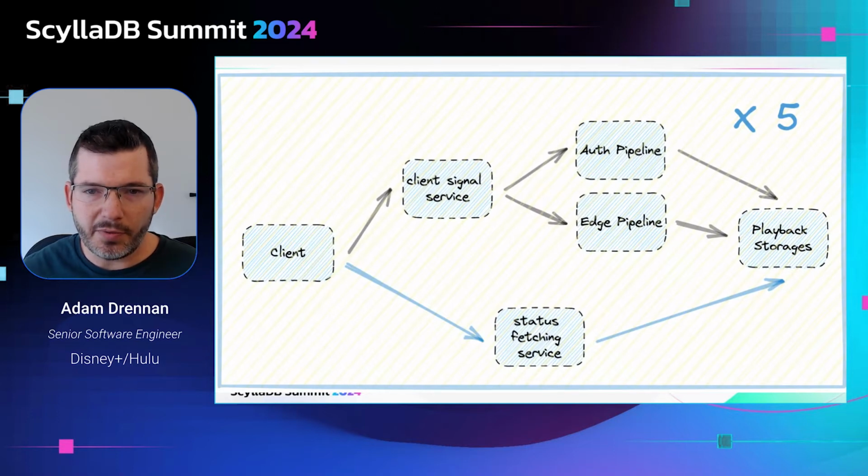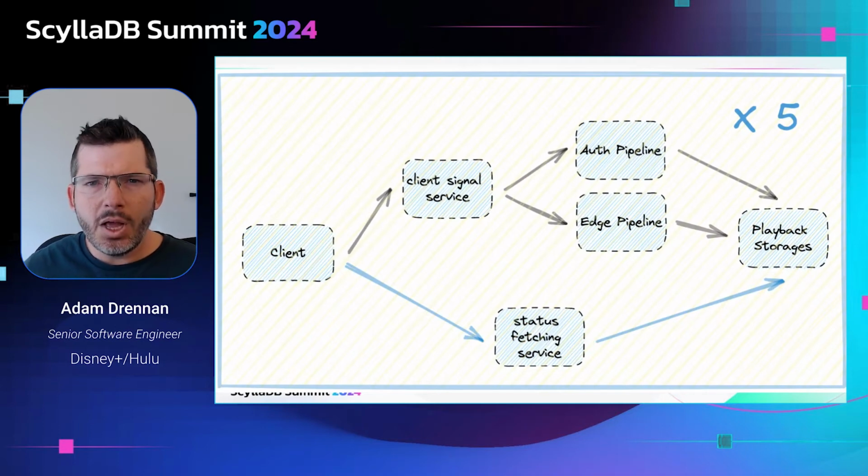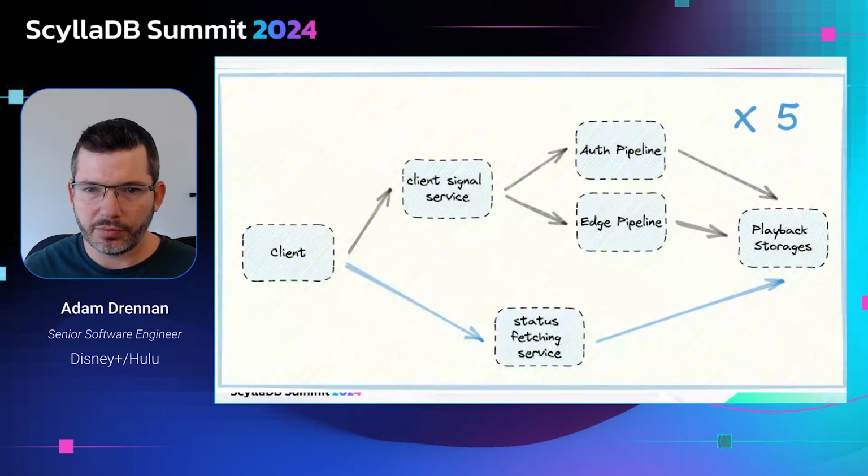And that times 5 up there just shows that there are 5 separate regions. Also, we wanted to preserve separation between the Authority and Edge regions, so we weren't looking for any database-specific replication mechanism across these. And then lastly, the data must be fetched and served back to the clients to support online playback.